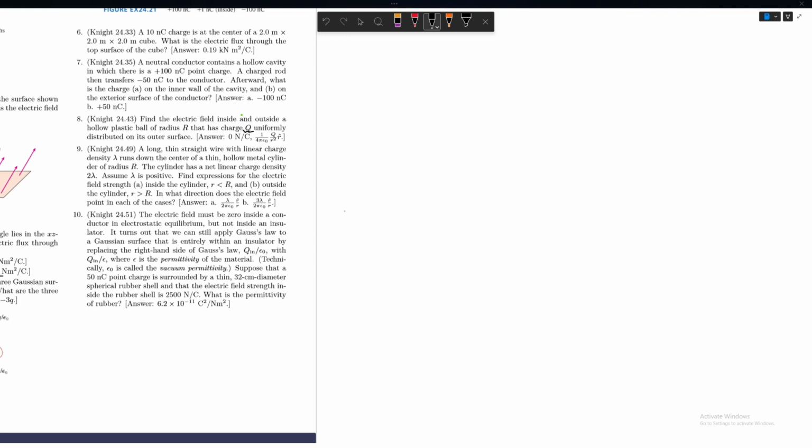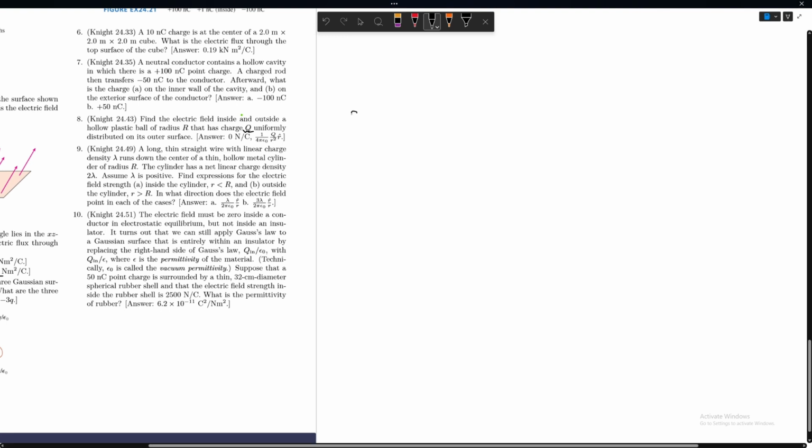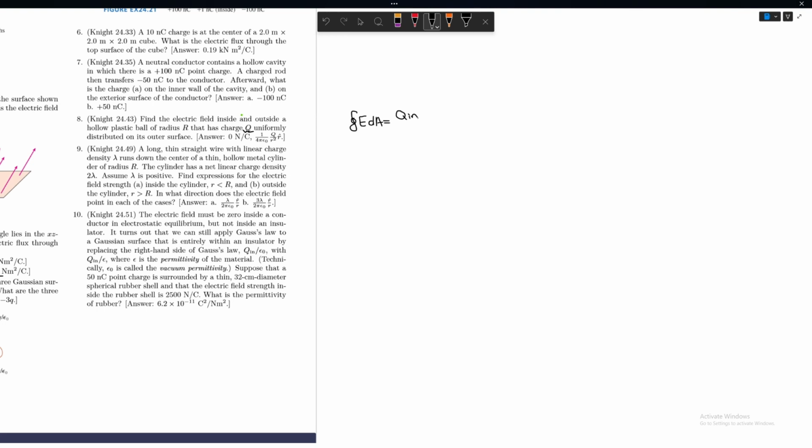Anyways, for this question, it says the electric field must be 0 inside a conductor in electrostatic equilibrium, but not inside an insulator. It turns out that we can still apply Gauss's law to a Gaussian surface that is entirely within an insulator by replacing the right-hand side of Gauss's law. So we know Gauss's law, right?